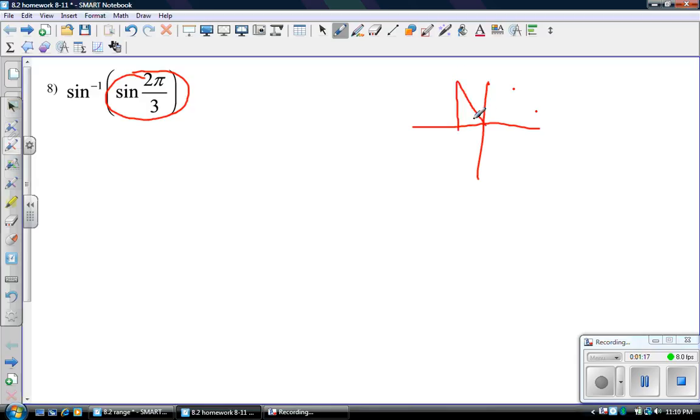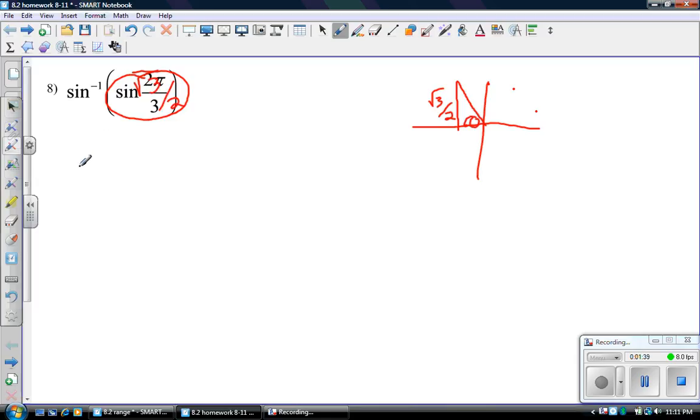So it's a 60-degree reference triangle here. Then I go, okay, it's a sine problem, so I want to know the opposite. The opposite is root 3 over 2. And then I ask myself, is sine positive or negative in the second quadrant? All students, S. Sine is positive. So this answer is root 3 over 2.